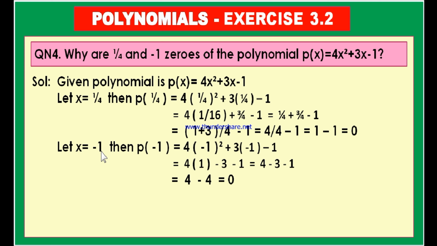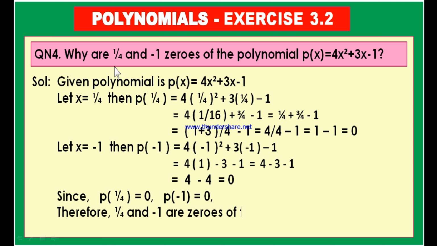Therefore, if you substitute x is equal to minus 1, then also you will get the value of the polynomial becomes 0. Now you see, p of 1 by 4 is equal to 0 and p of minus 1 is equal to 0. Since p of 1 by 4 is equal to 0 and p of minus 1 is equal to 0, therefore 1 by 4 and minus 1 are zeros of the given polynomial 4x square plus 3x minus 1.